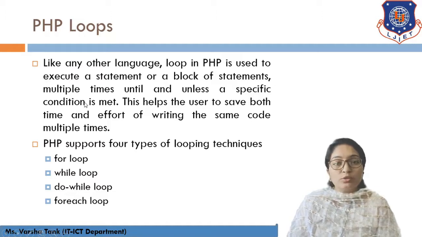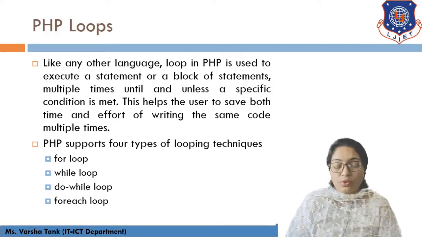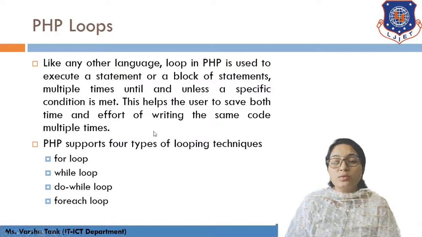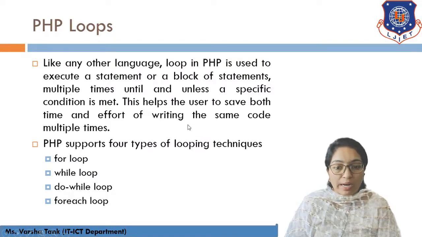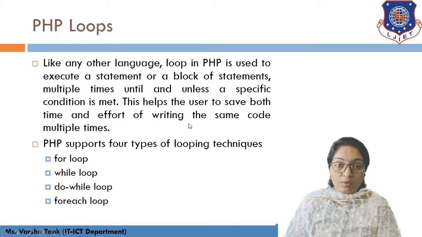Suppose you want to display hello world 100 times. When your loop variable reaches 100, it will stop executing. This helps the user save both time and effort of writing the same code multiple times. If we don't have loops, we just have to print the same statement again and again.